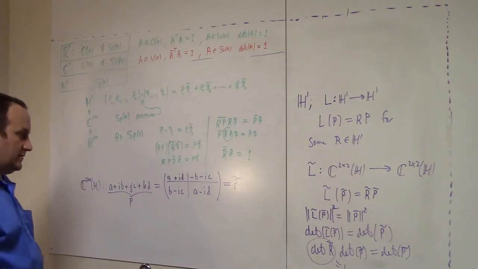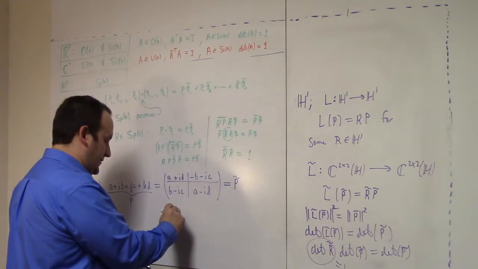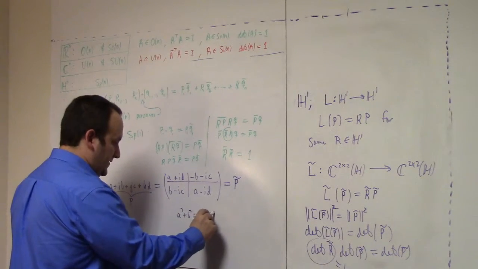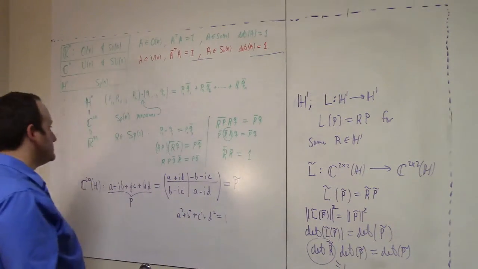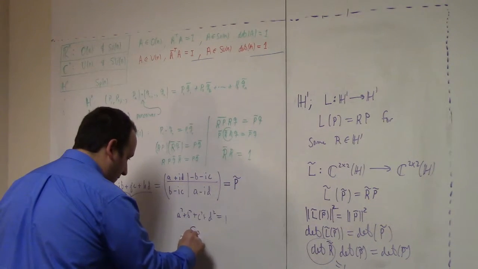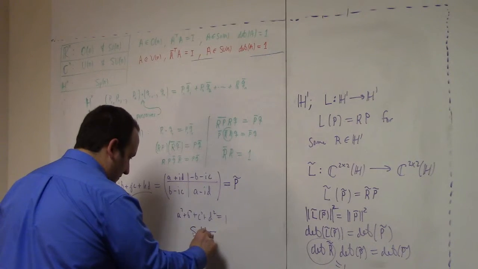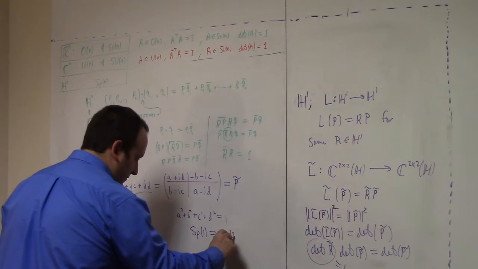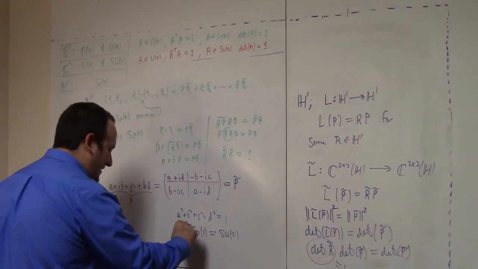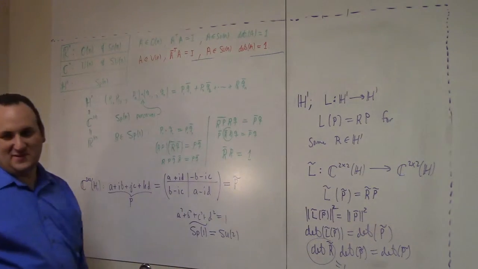Which is to say that A squared plus B squared plus C squared plus D squared is equal to 1. Which is SU2. So in other words, SP1 is SU2, provided you look, maybe I would be tempted to say SP1 tilde is SU2.